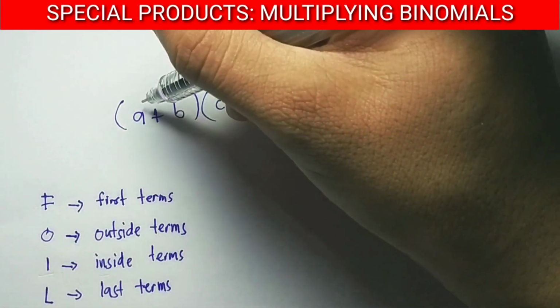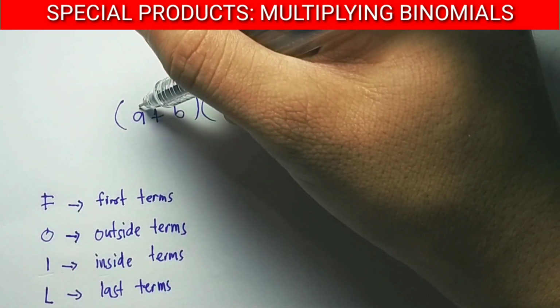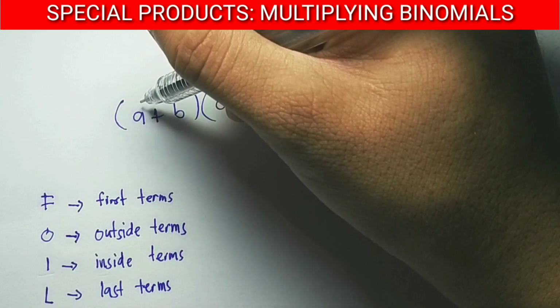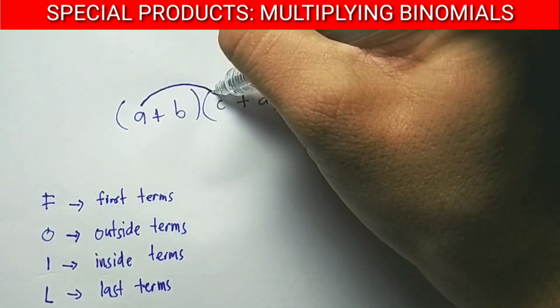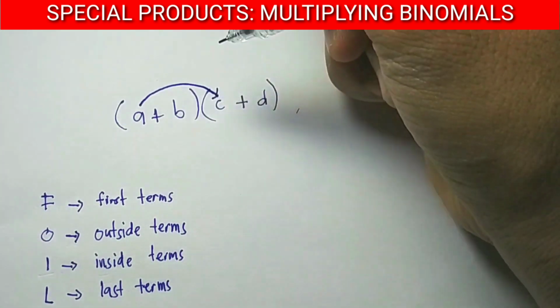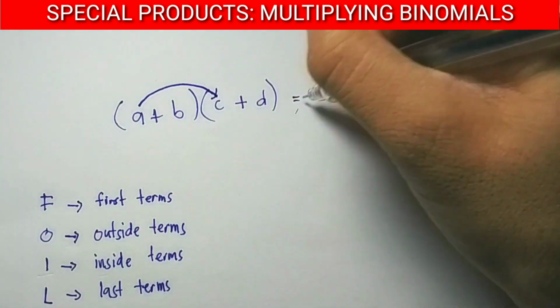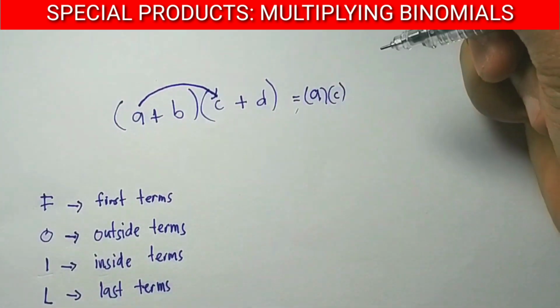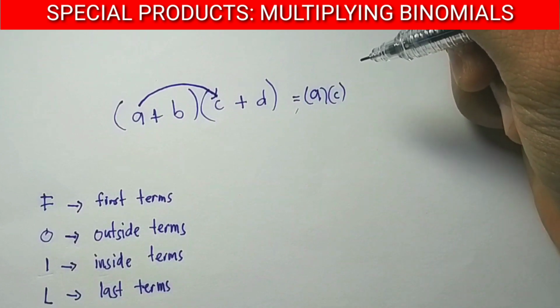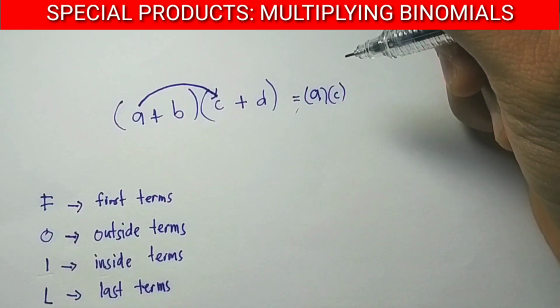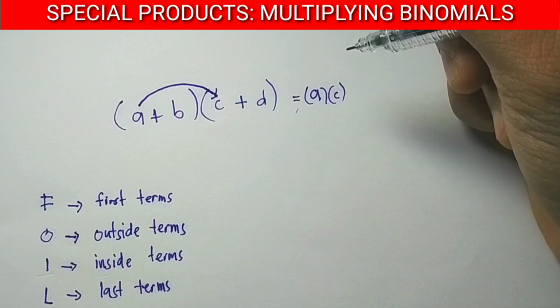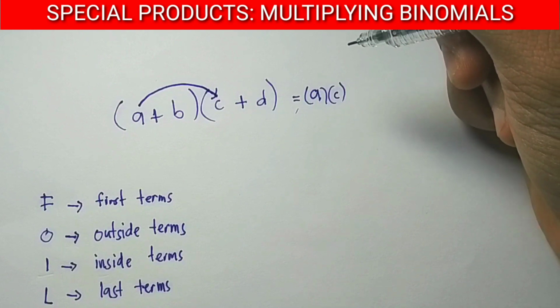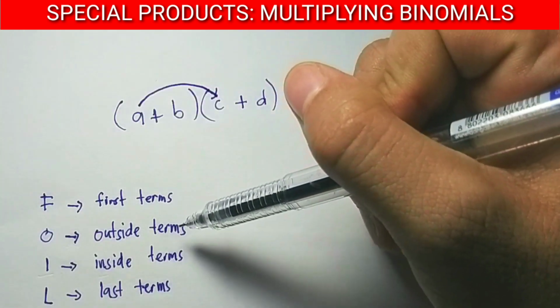So, pasabot, i-multiply nato si A ngadto sa C. Kay, ang mga first term atong i-multiply. So, A times C.